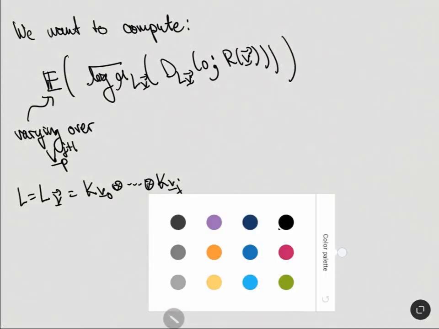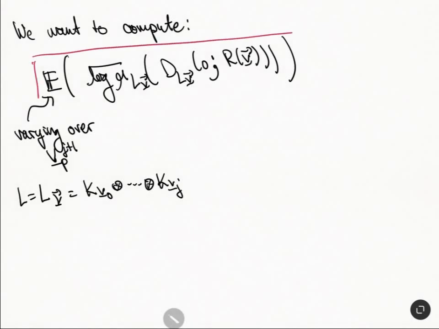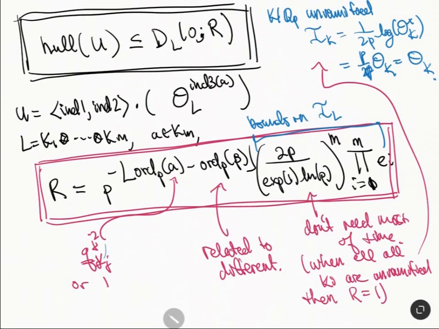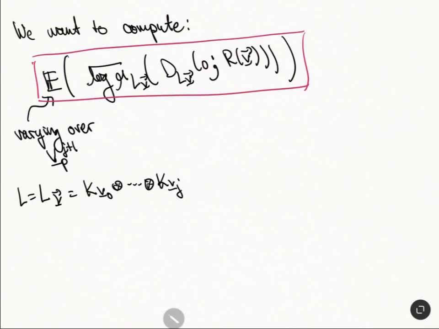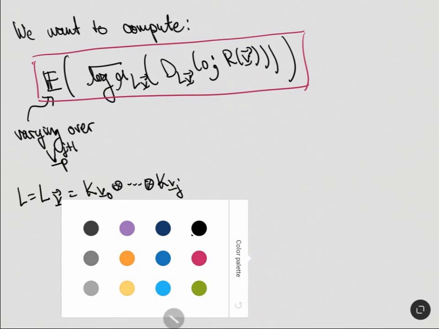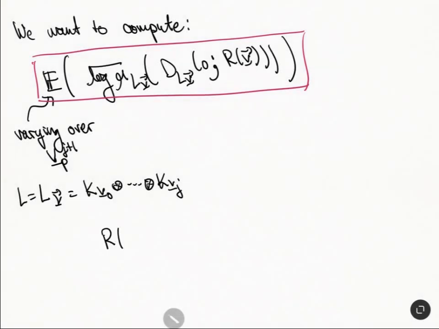So this is what we want to compute, this thing, where our radius is this here. Should we do it in terms of logs? Let's do logs. The natural log of the radius is going to be minus.